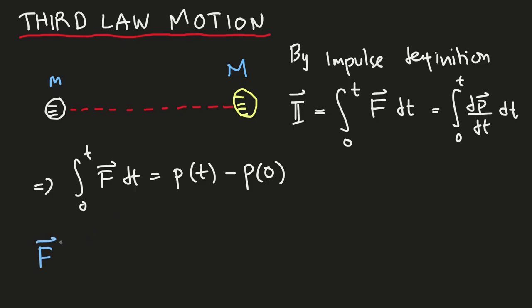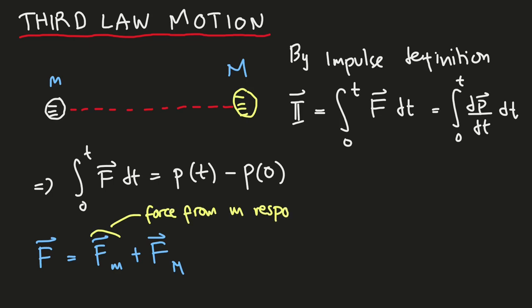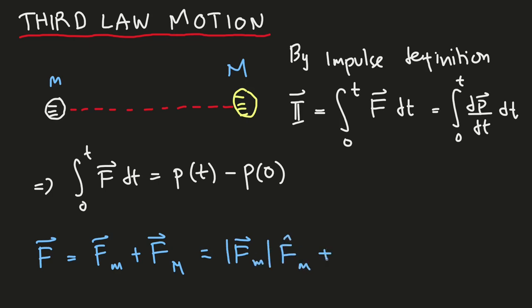And now we see that in this system, the force applied is only the response from both objects, as F vector m is the force from the m response and F vector M capital is the force from the M capital response. By rewriting those vectors as magnitude multiplied by direction, we will get this summation.